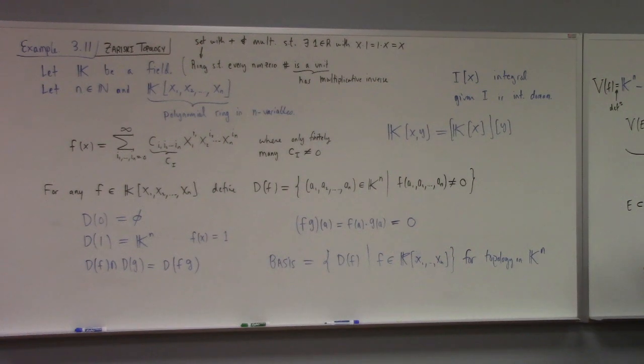Write I equals to E. So it's like generated by E. This is the ideal generated by E. What does that mean? He says E is a subset of I, and we have V of I subset of V of E.